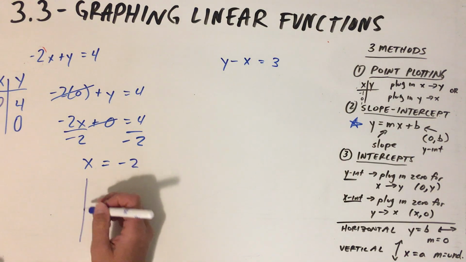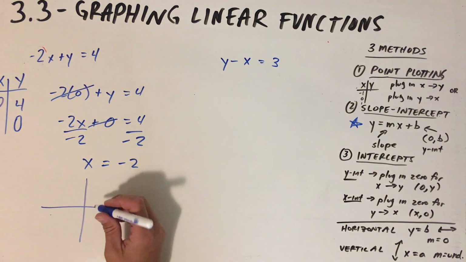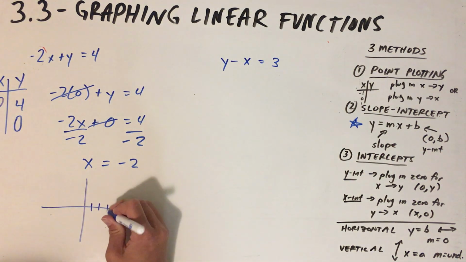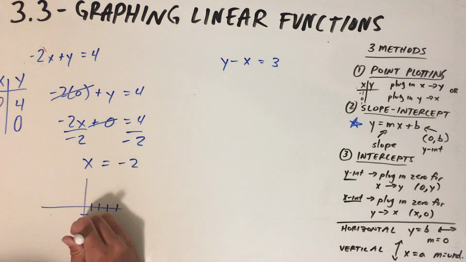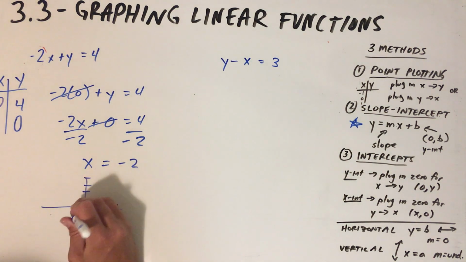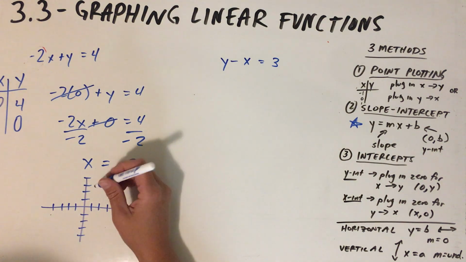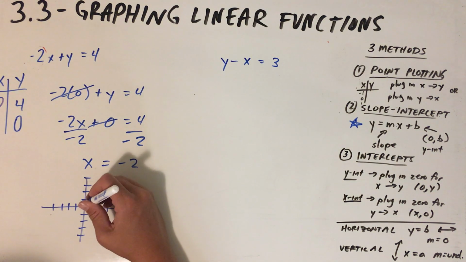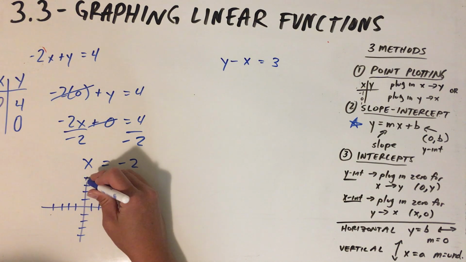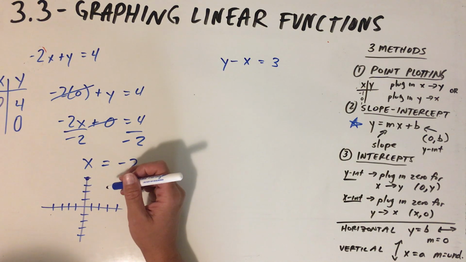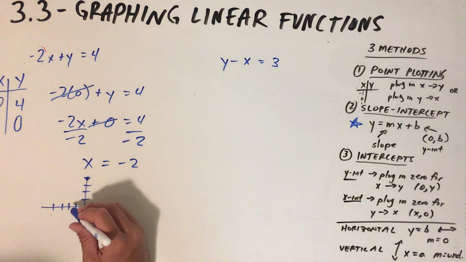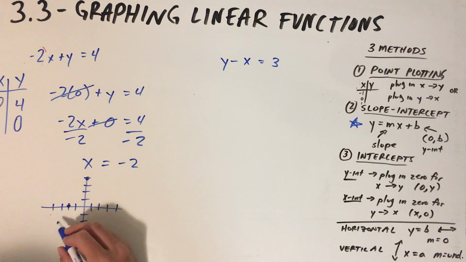And let's see if we can figure out which one is which. Okay, so the point 0, 4: I move 0 in the x direction and I move 4 in the y direction. Okay, and then I'm going to move negative 2 in the x direction, but 0 in the y direction.